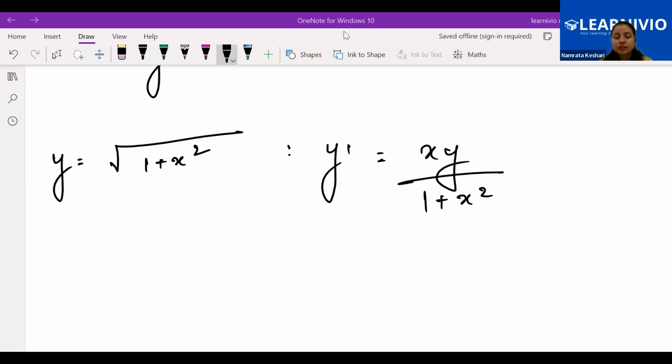Dy by dx is equal to 1 into 2x by 2 into 1 plus x square.